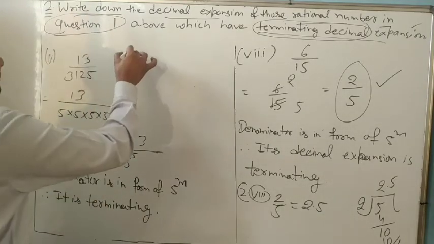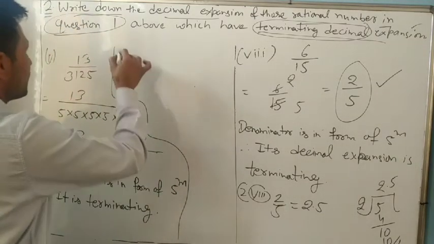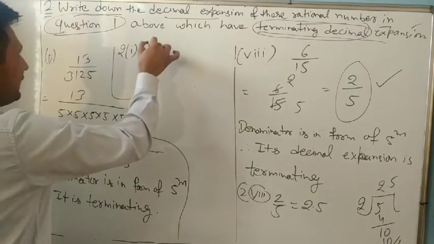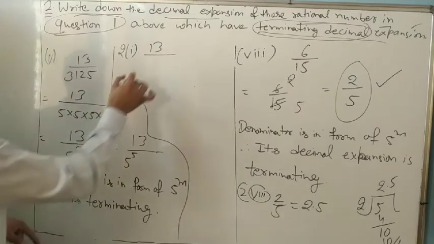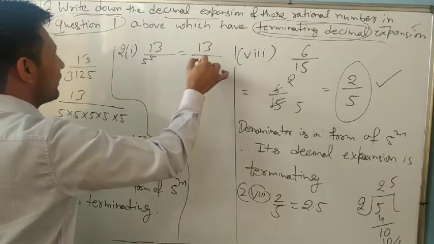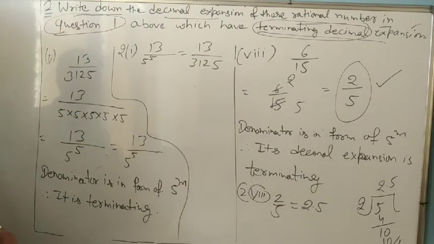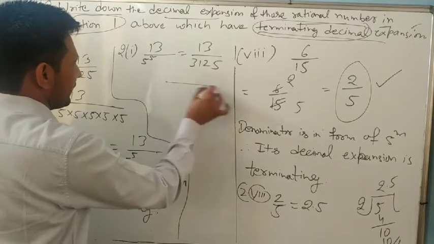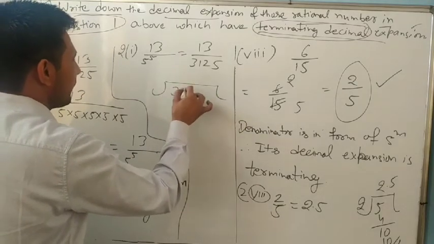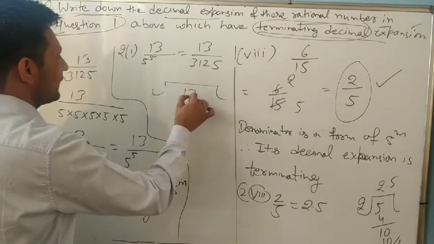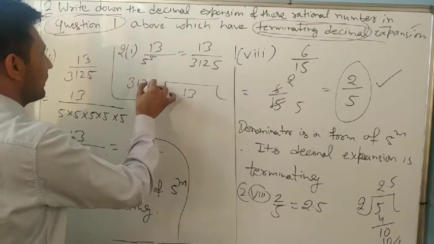Again, question number 2, first part. What did we already find? 13 divided by 5 to the power 5. Otherwise you can write it as already 3125. So how will we write? We will divide like this: we divide 13 by 3125.